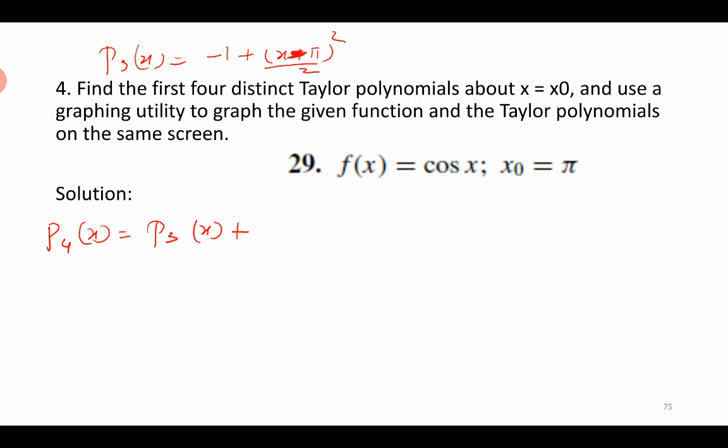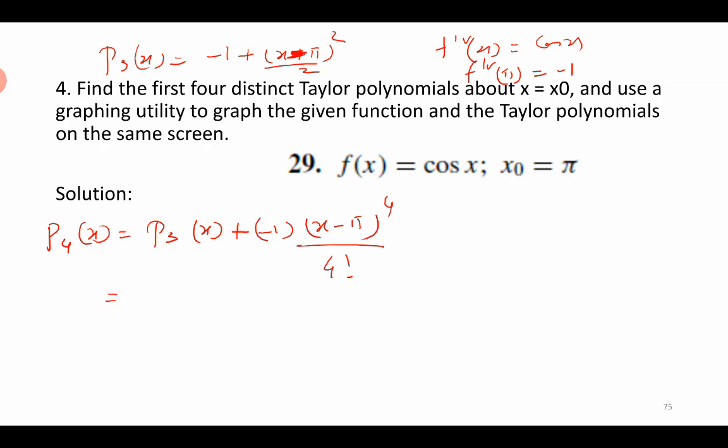The fourth derivative of sine x is cosine x, and the fourth derivative at pi gives you negative 1. So here it is negative 1 into (x minus pi) to the power 4 divided by 4 factorial.